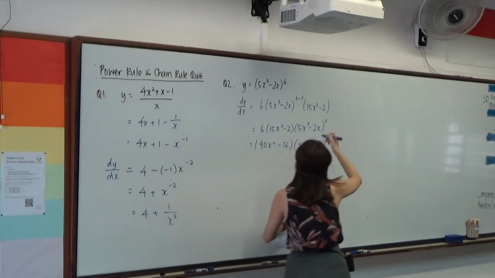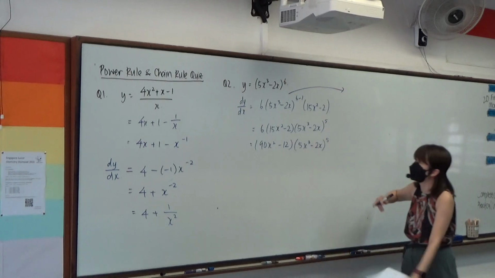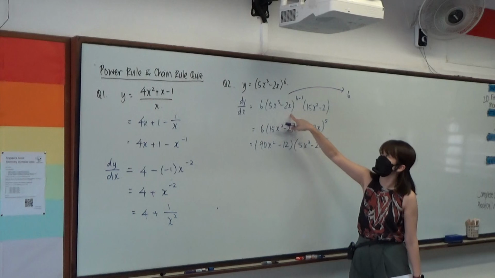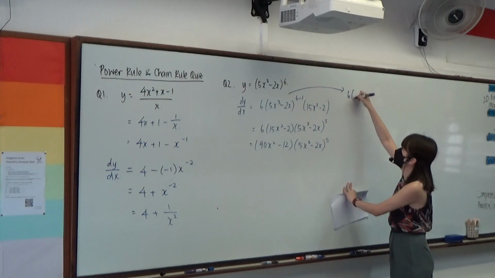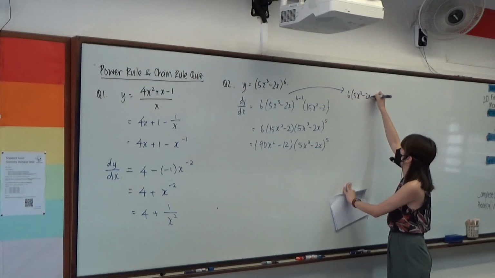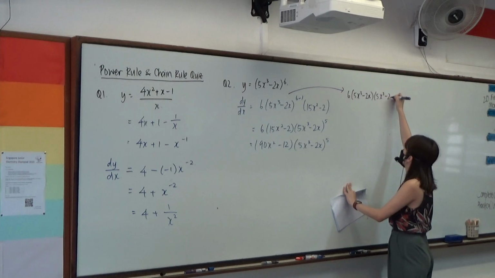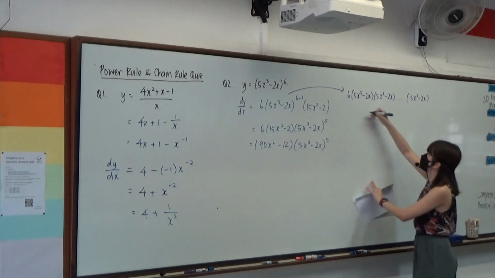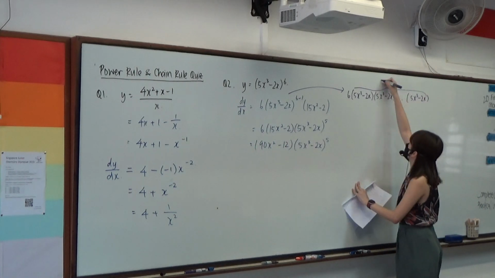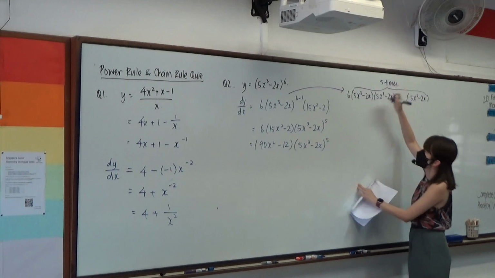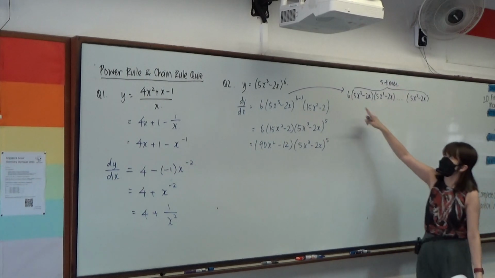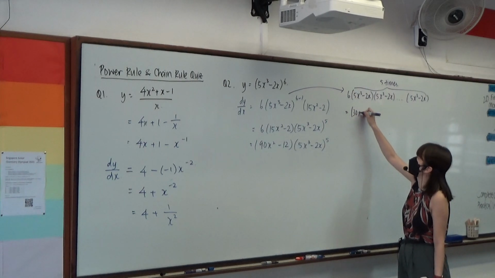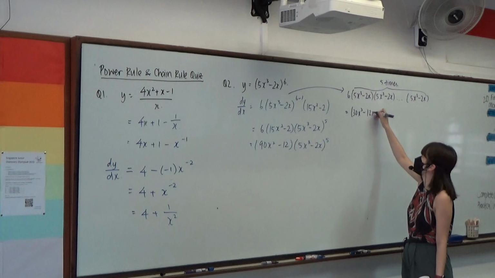For those of you who had that problem, I have explained that 6 times (5x cubed minus 2x) to the power of 5 simply means 5x cubed minus 2x, multiplied for 5 times. In order to expand and simplify this, we only bring the 6 to the nearest number. So it should technically be 30x cubed minus 12x.